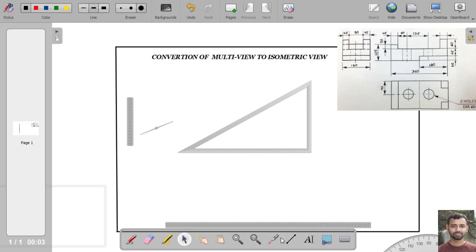So at first we will draw a horizontal line, and then with this horizontal line the isometric axis will be at an angle of 30°. So we will draw x-axis, y-axis, and z-axis. At first we will draw x and y-axis, and both this x and y-axis will be inclined with the horizontal line at an angle of 30°.